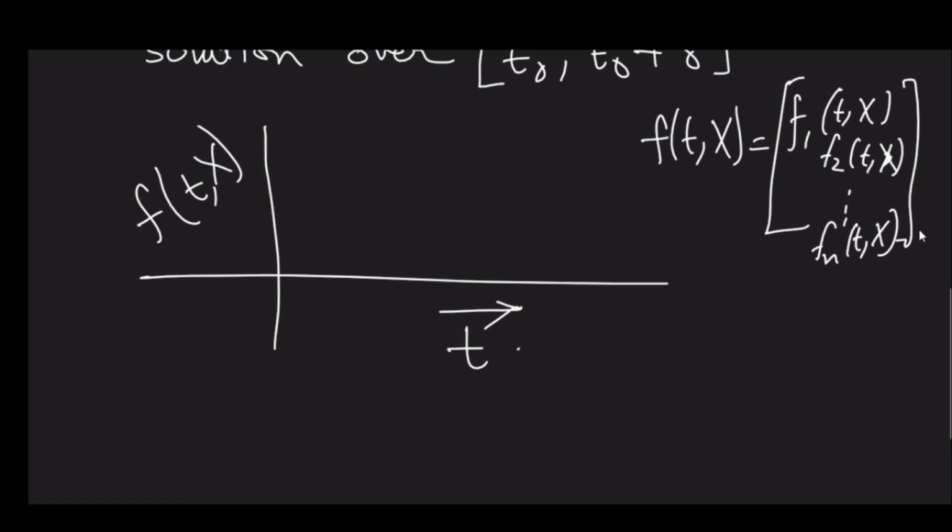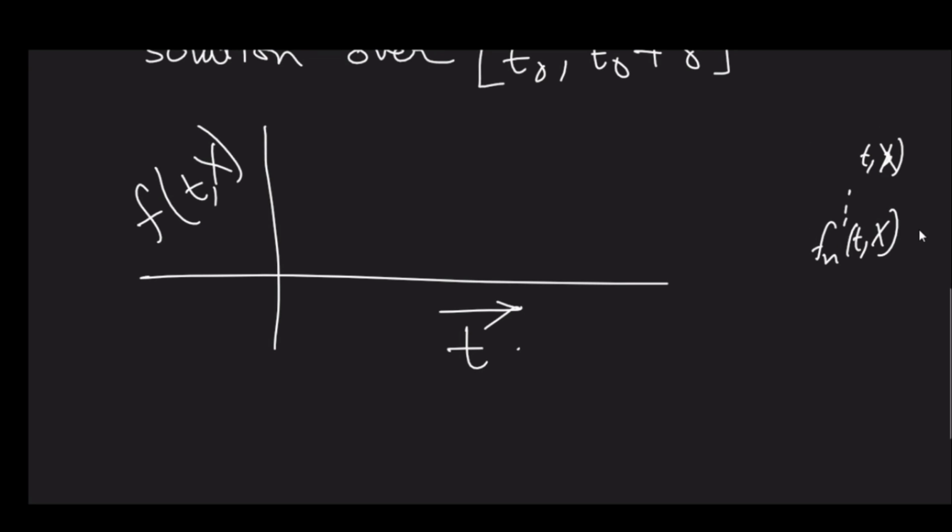But we are not considering that. We consider any one of them to understand what is piecewise continuous. However, if it is an n-dimensional system, then all the n functions f1, f2, fn are piecewise continuous.